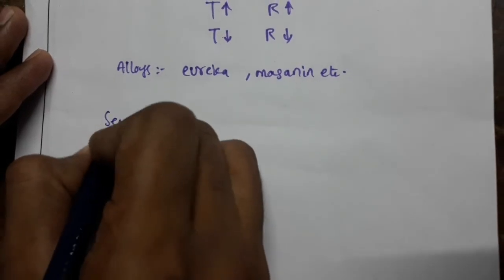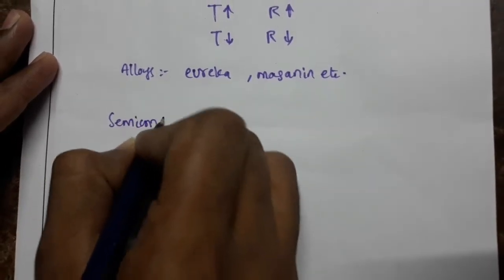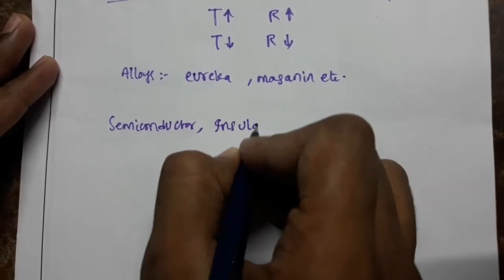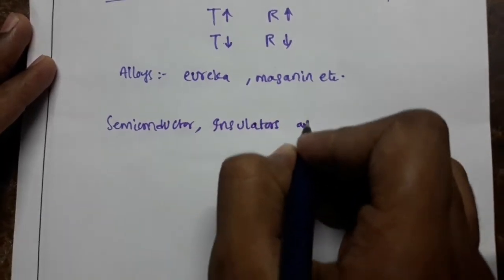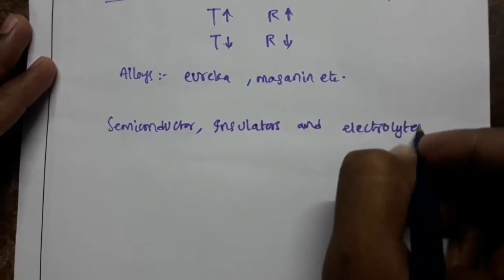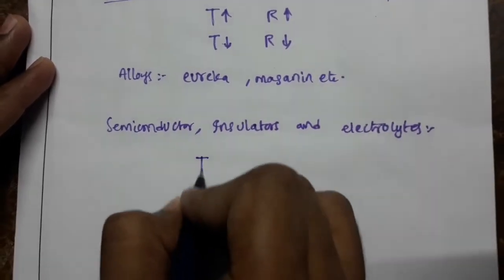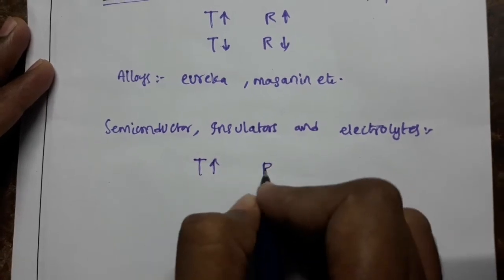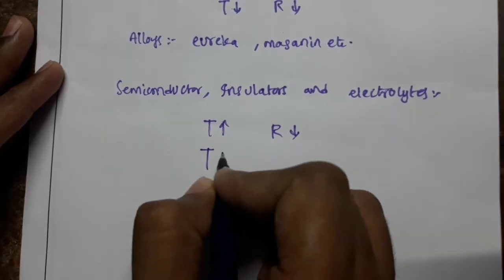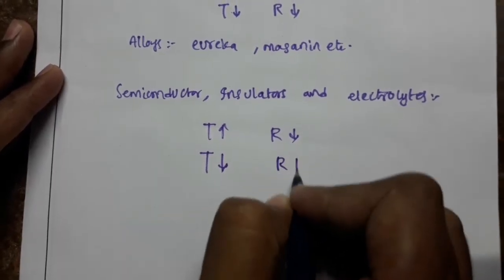Coming to semiconductors, insulators, and electrolytes, when temperature increases, resistance decreases, or when temperature decreases, resistance increases.